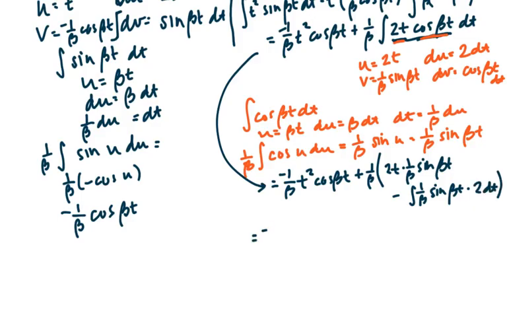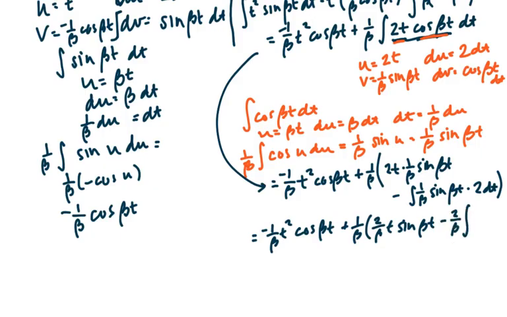So we have negative 1 over beta t squared cosine of beta t plus 1 over beta. And here we have 2 over beta t sine beta t minus, let's pull out the 2 over beta, and we have the integration of sine beta t dt.